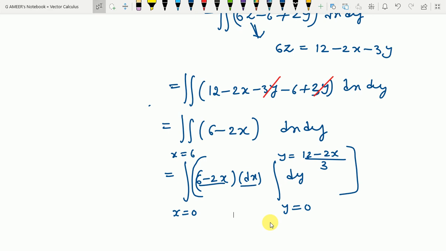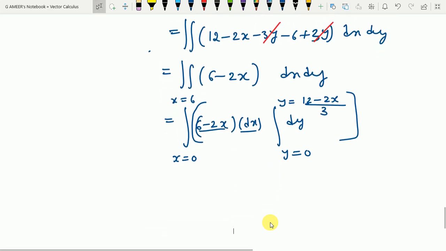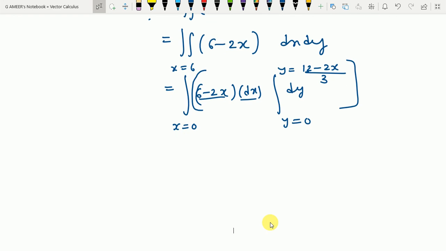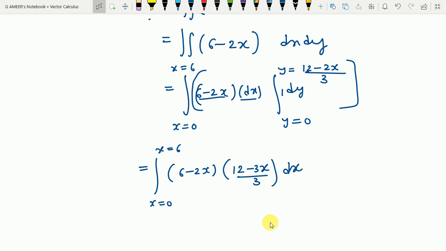So then what do I have finally here? The dy integration will come as 1, and I substitute the upper limit and lower limit. So the integration with x from 0 to 6 of 6 minus 2x, then I substitute the upper limit, 12 minus 2x upon 3, and the lower limit, 0, into dx.